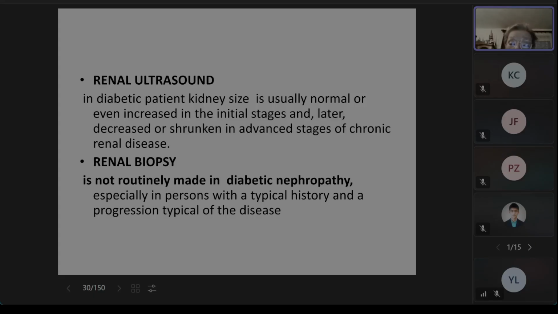Sometimes it occurs. So in such a case, it is recommended to perform renal biopsy in order to be sure which disease caused proteinuria.